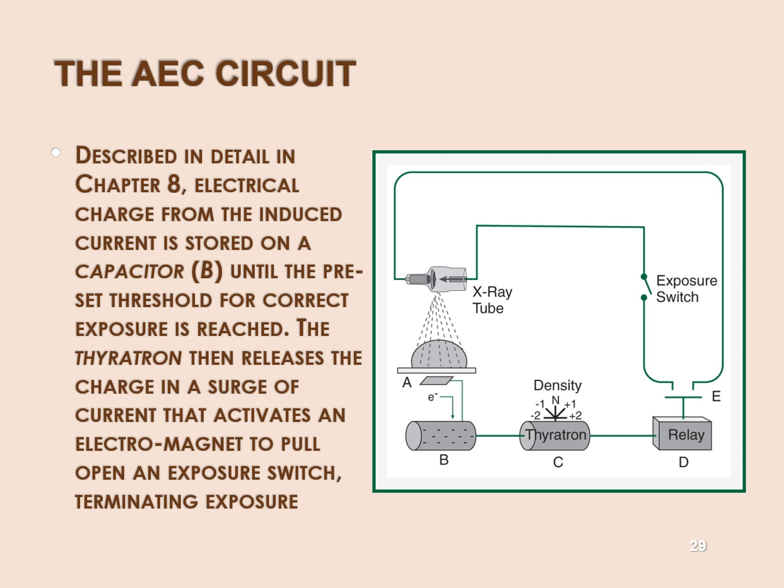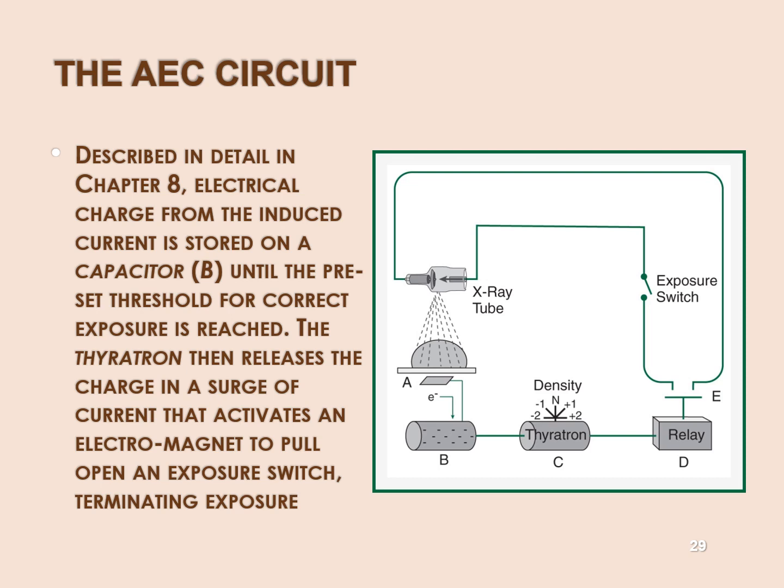And so we set our thyratron to that. When B builds up a charge equivalent to about 100,000 electrons, that's going to overpower the thyratron. That's the threshold, and we let the charge run to the relay at that point.